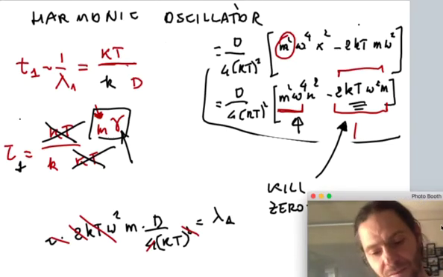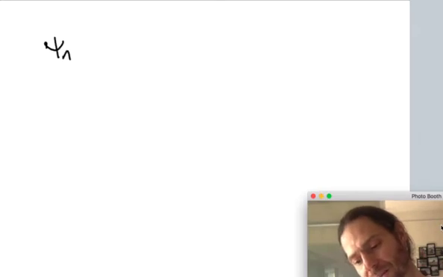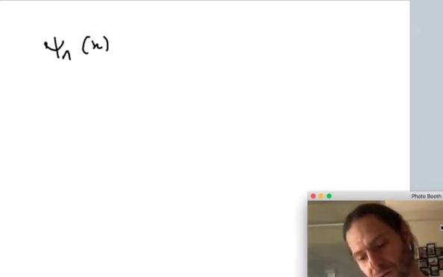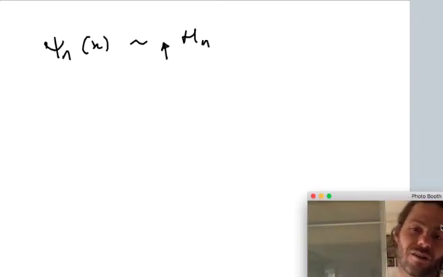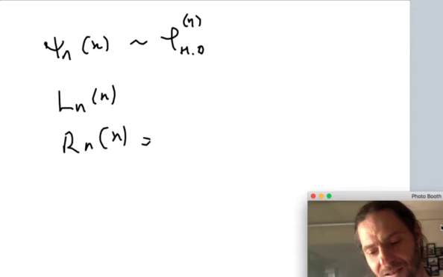I leave it to you as an exercise: knowing the spectrum of the harmonic oscillator in terms of Hermite polynomials, I don't remember the factors here, let me just write the nth harmonic oscillator eigenstate. Then you can construct the left and right eigenstates of the Fokker-Planck equation by taking this and multiplying by the appropriate factor.